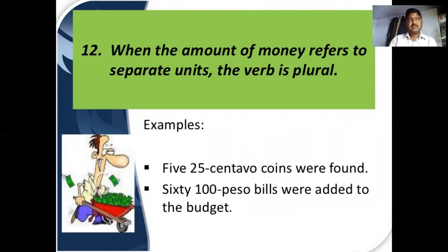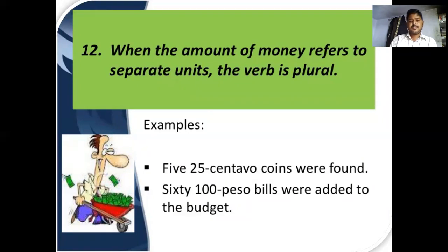When money is expressed as a separate amount, that is, five is a different amount and 25 centavo is a different amount, representing the plural, were found.